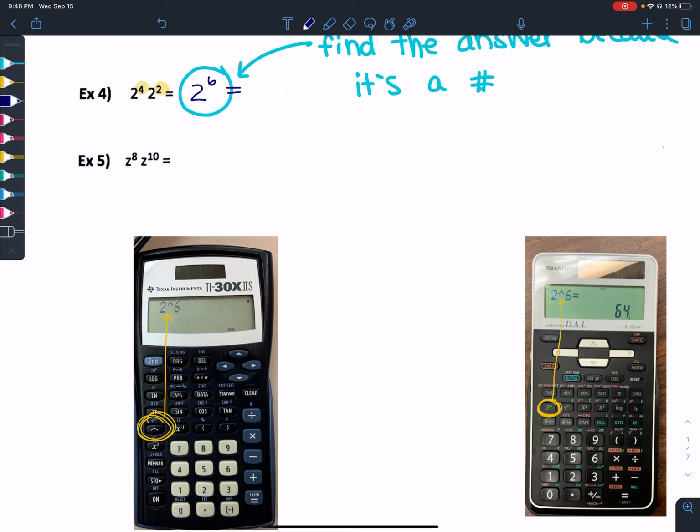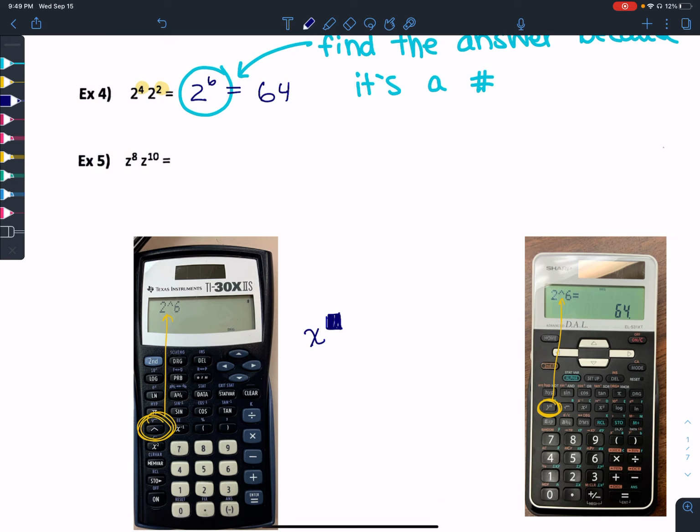And there are also some calculators that have x with a little box. That's another version of this exponent button. Anything beyond exponent 2 or exponent 3, there isn't a standard button for on your calculator. They usually stop at exponent 3, and then you'll have to use this exponent button to manually type in what exponent you want. So here our answer ends up being 64.